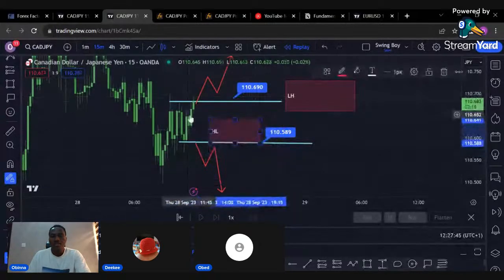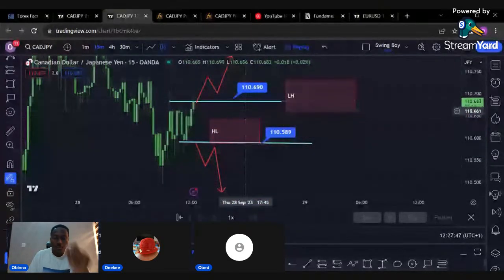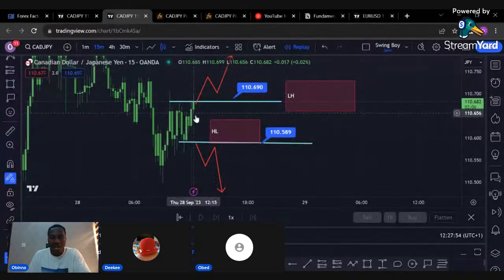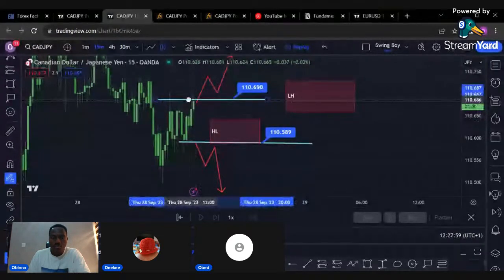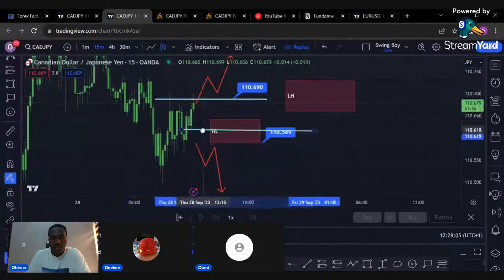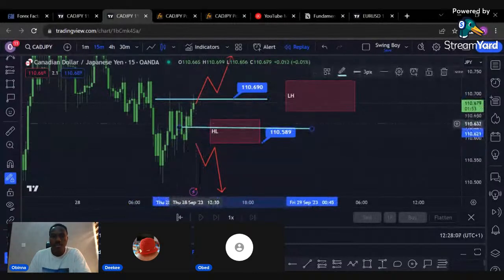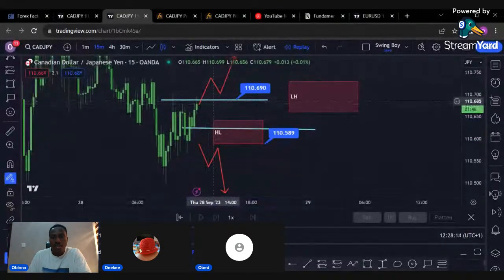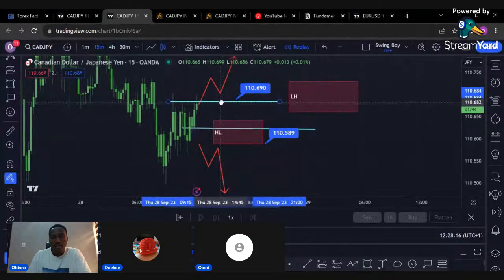But for me, my trading style is simple. I would not take buys, even if I see a higher low, unless the lower high is broken. Even if there's a clear higher low here for me to take buys with, I would not take a buy because this lower high is not broken.